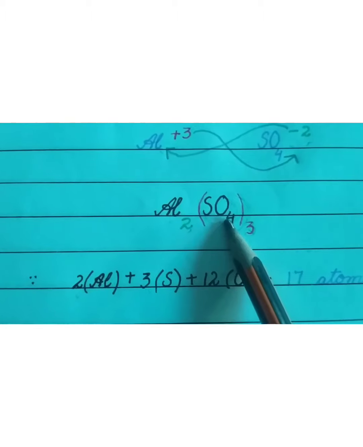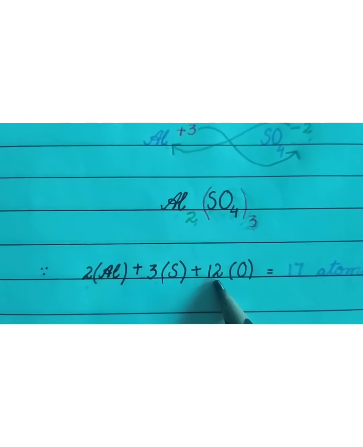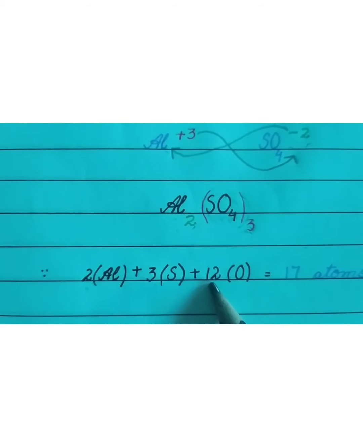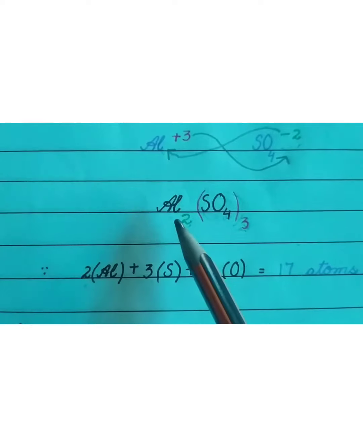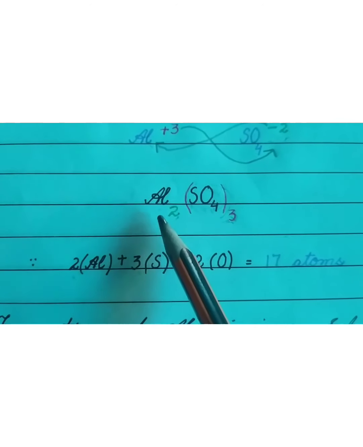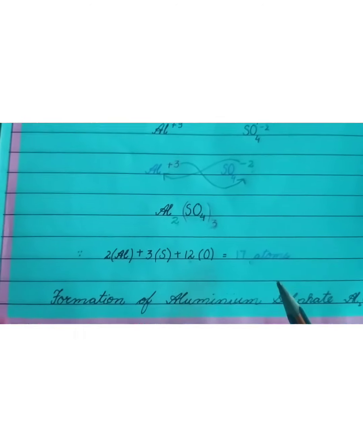Why? 4 multiplied by 3, 4 threes are 12, 12 oxygen atoms. So aluminium sulfate again has 3 kinds of atoms, but the number of total atoms is 17. You can now see the picture clearly.